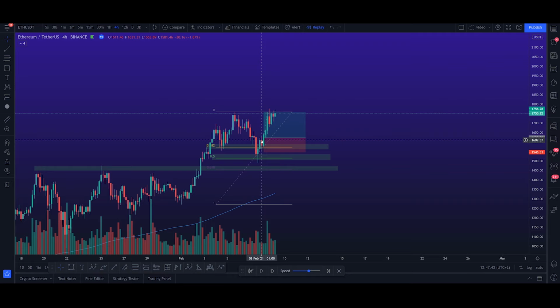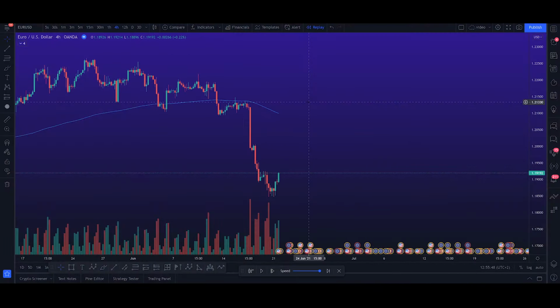Now let's look at a short position and see that it is just symmetrical on the other side. I'm here looking for a short, and I found a very good example right here with the Euro US dollar, and we have the things that we want. We are under the 200 MA, we are on the 4-hour chart, and we have had a small retrace in our bearish trend.